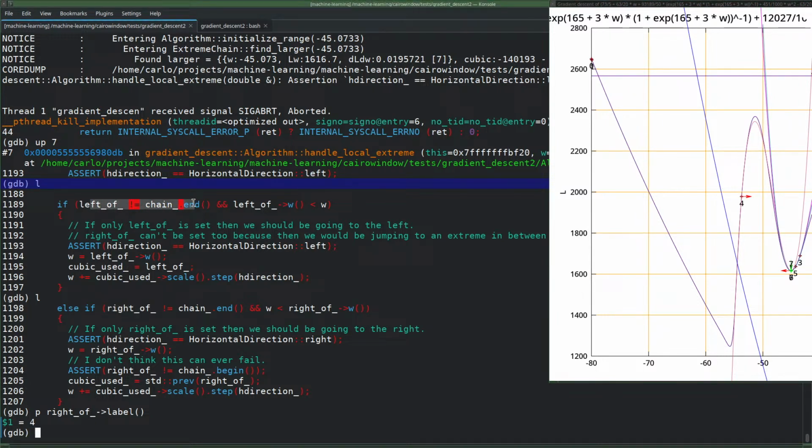So left-of is set, we know that. If only left-of is set, then this is true. Then we should be going to the left, I think, anyway. And the comment says that I did not expect a right-off could be set here, but it just is.